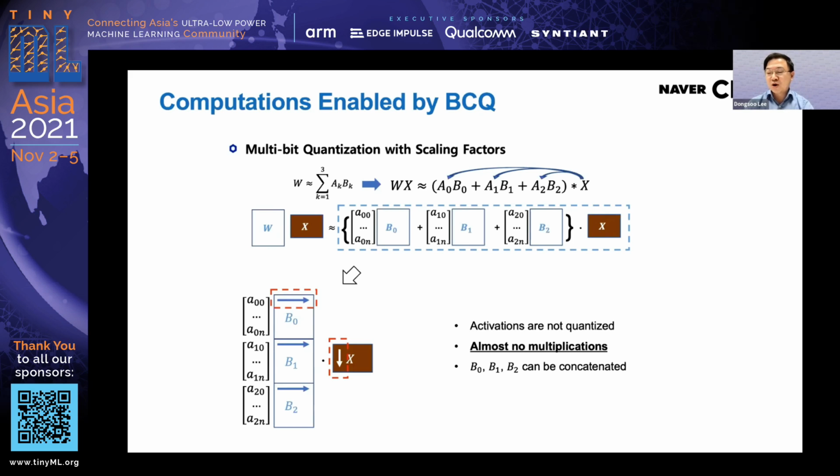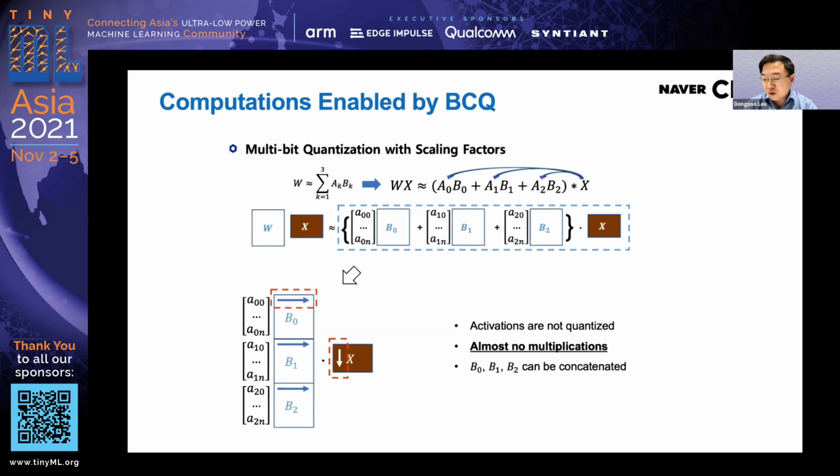Then X is multiplied by each set of scaling factors and the binary matrix 3 times if we have 3-bit quantization. Actually, we don't have to perform matrix multiplication 3 times individually. We can concatenate the 3 binary matrices in a vertical way, like this, to minimize the number of function calls.